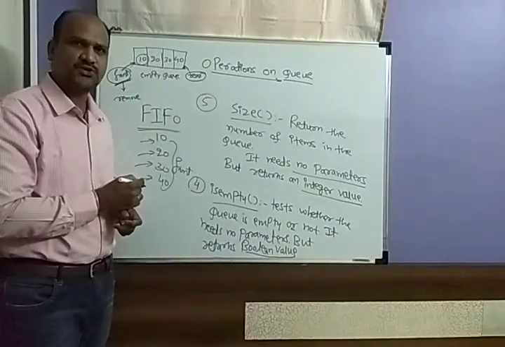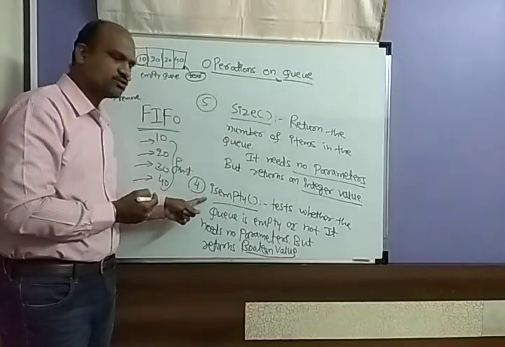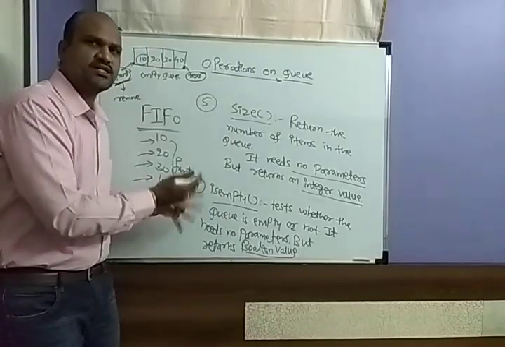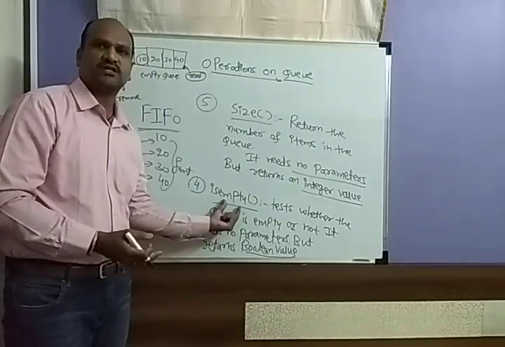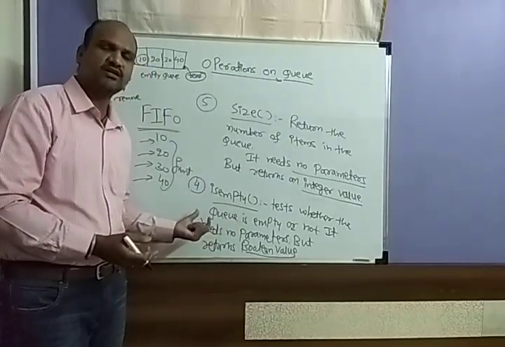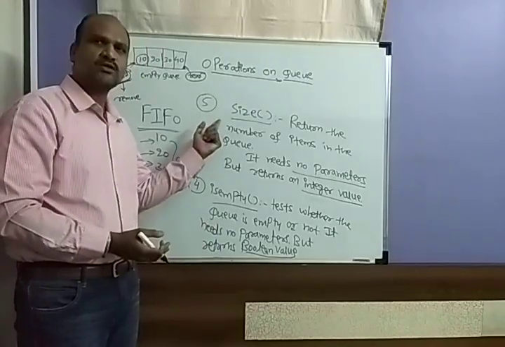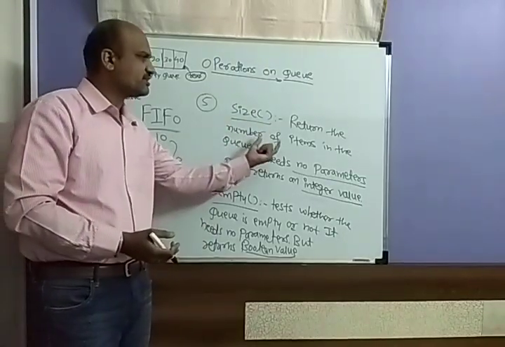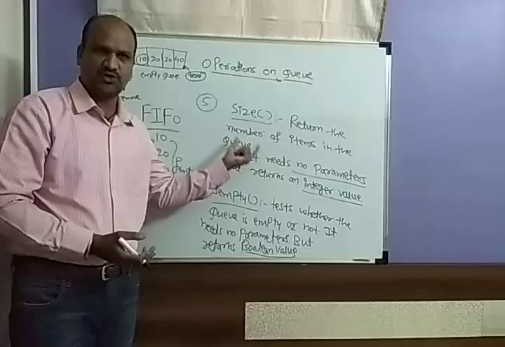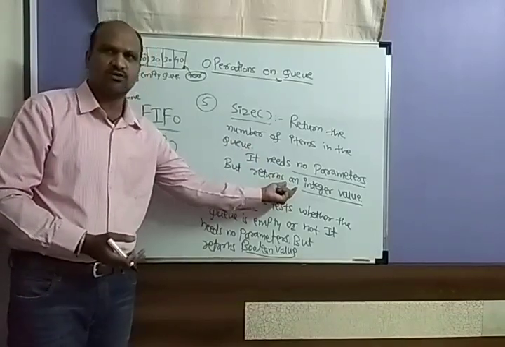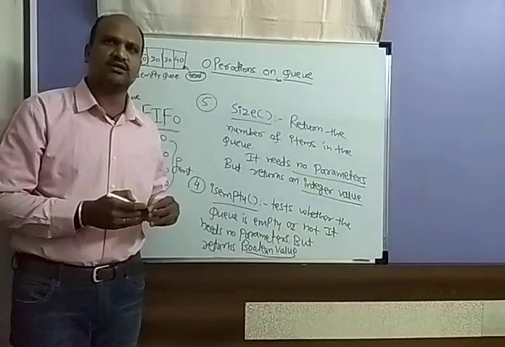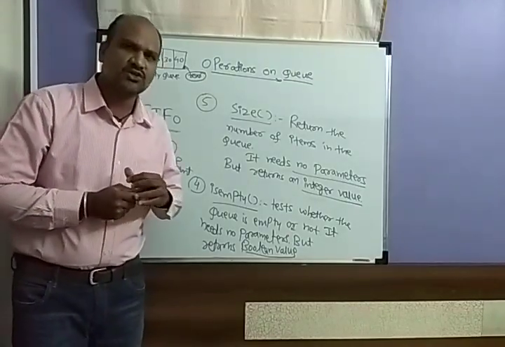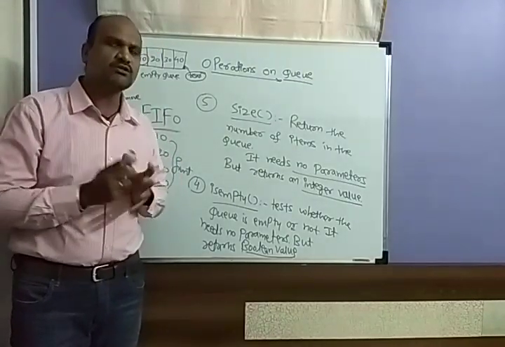Then the fourth one is isEmpty, it will test whether the queue is empty or not, and it returns the Boolean value. And the last one, size, returns the number of items in the queue as an integer value. So these are the 5 operations you learned today. Class is queue: operations on queue.